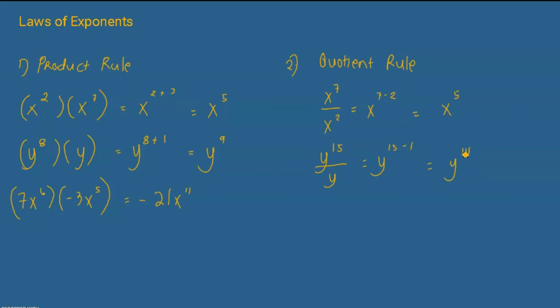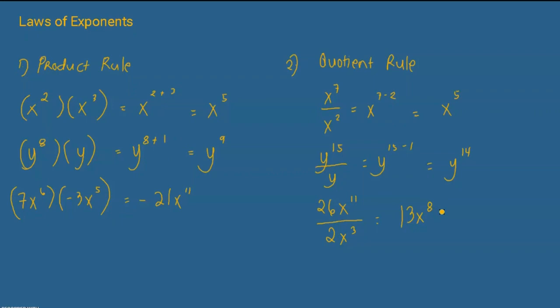Okay? And if we have here 26x raised to 11 all over 2x raised to 3, then our answer must be 13x raised to 8. Very good.